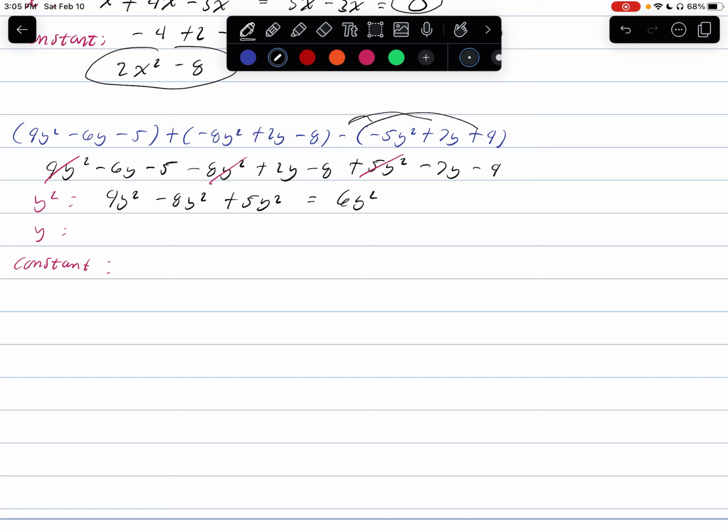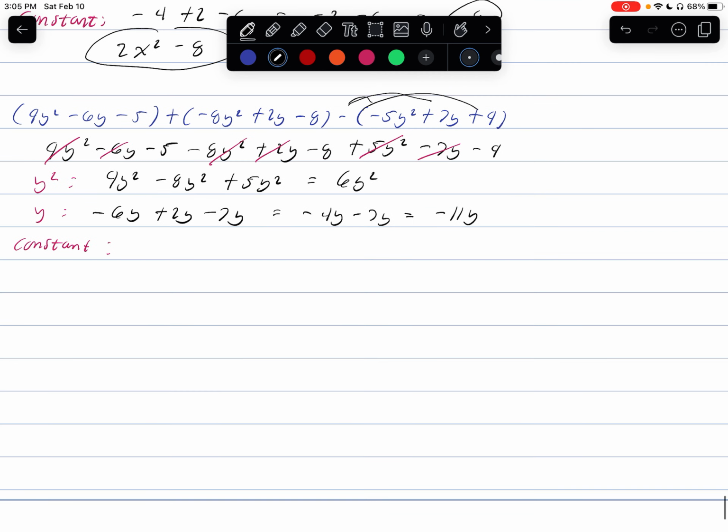Now for our y terms, we start with negative 6y plus 2y minus 7y. So negative 6y plus 2y, that gives us negative 4y, minus 7y is going to give us negative 11y.